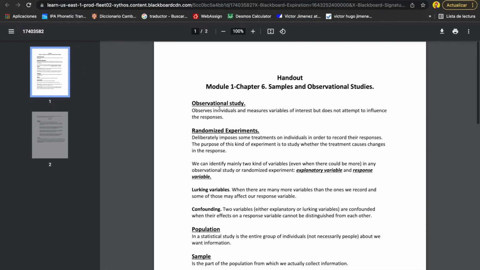If you check the handout, it says an observational study observes individuals and measures variables of interest, but does not attempt to influence the responses. A randomized experiment deliberately imposes some treatment, so we can say treatment here is a variable, on individuals in order to record their responses. The purpose of this kind of experiment is to study whether the treatment causes changes in the response.